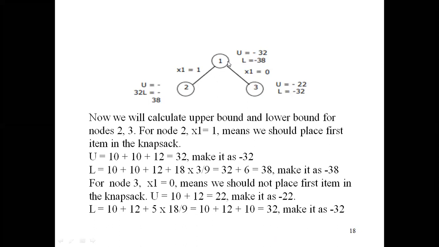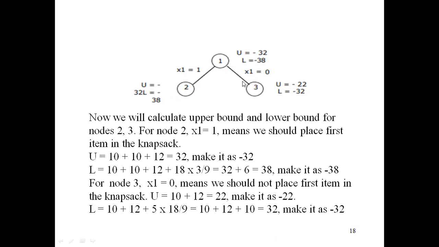One is the root node, and two is the child of node 1. See here, we have two cases: considering the first object and not considering the first object. Two branches. In the first branch, we consider the first object.